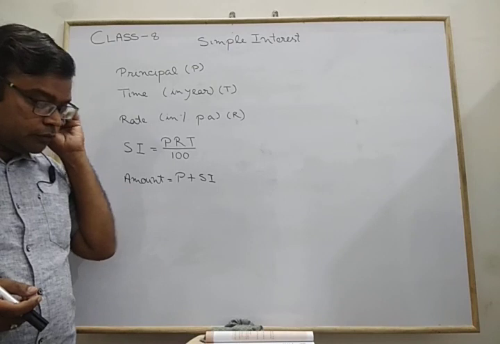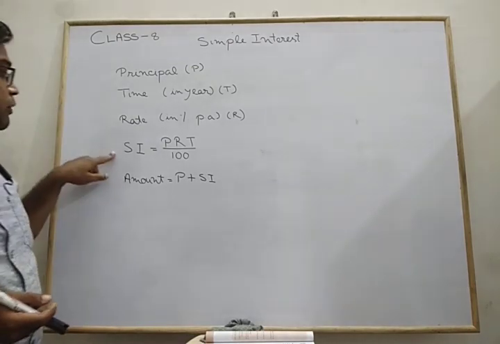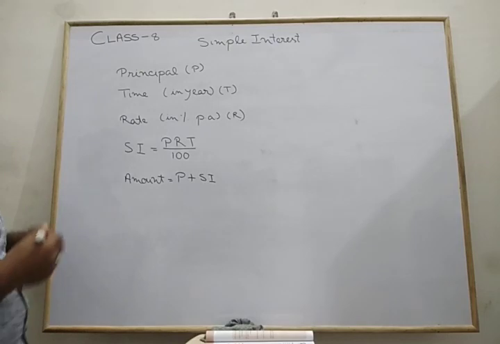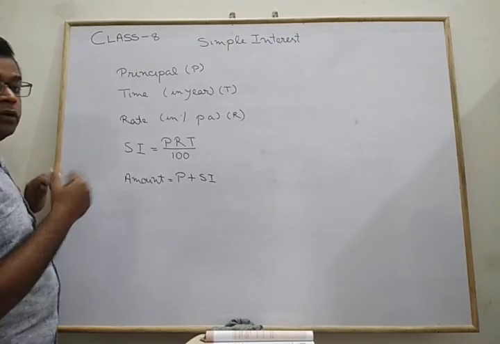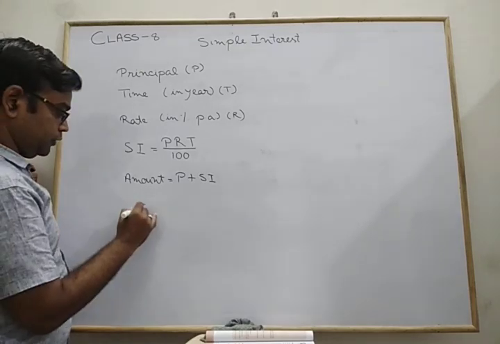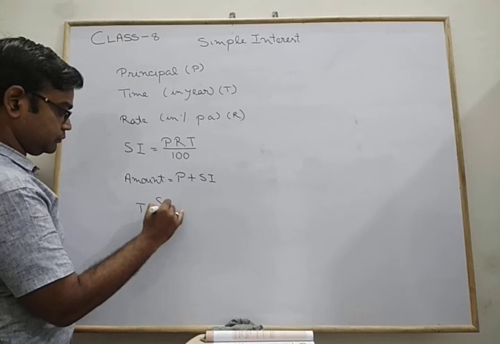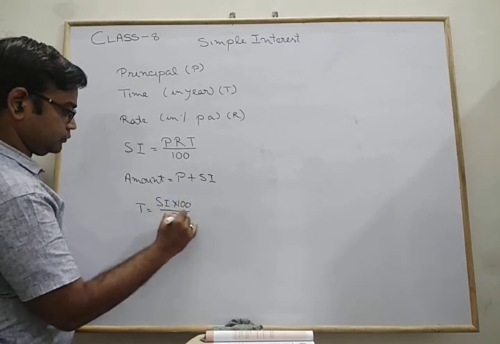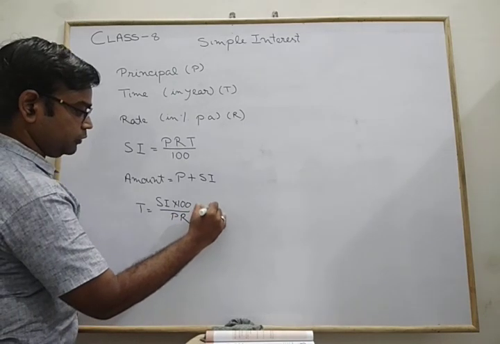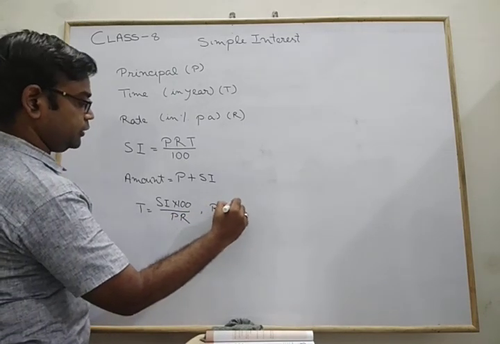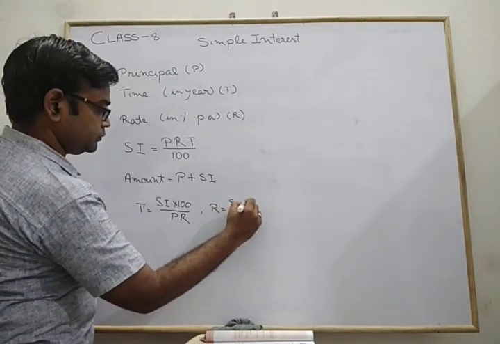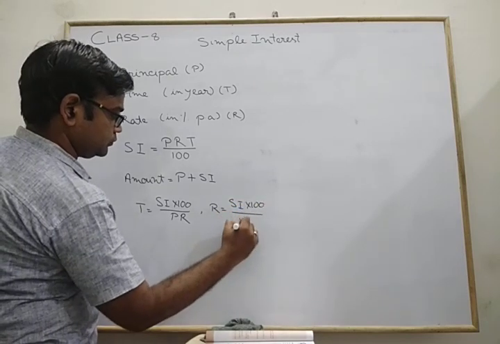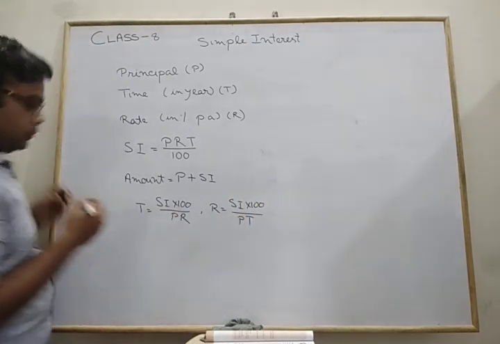From this formula, we can easily derive other formulas. For example, suppose we are going to find the time, so for time we use this formula. If we are going to find the rate, for rate we use this one.